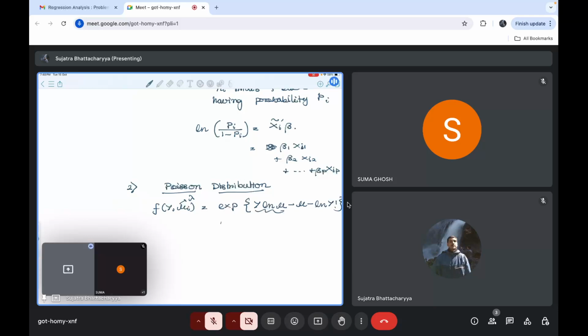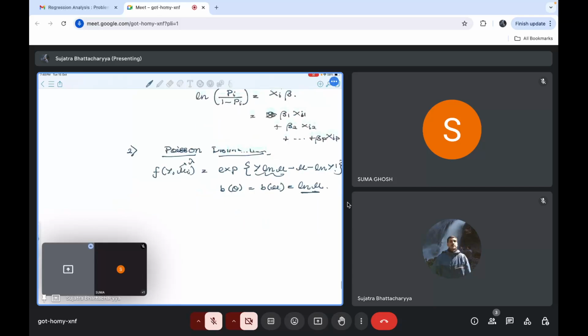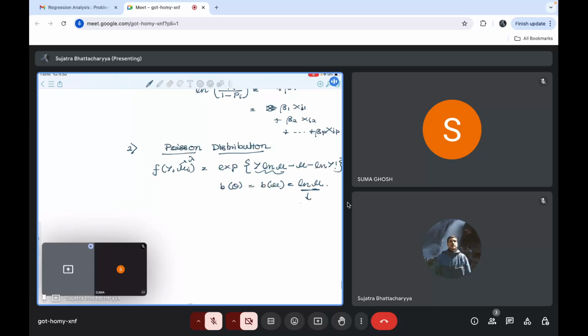So b of theta, which is nothing but b of mu, is nothing but log of mu. This will act as my link function. So we can now write log of mu i is equal to xi prime beta, or mu i will be equal to exponential of xi prime beta.